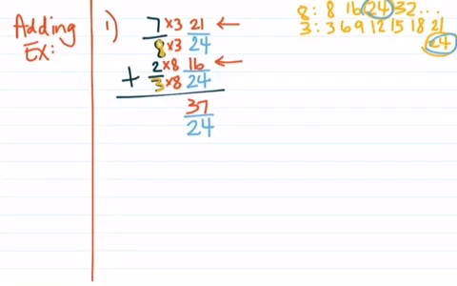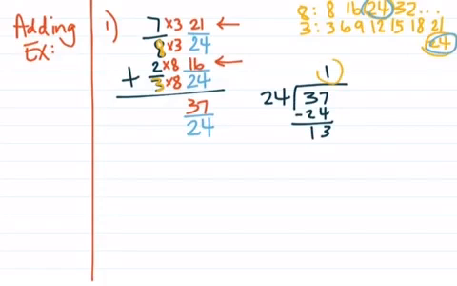Since this is an improper fraction, I am going to take that numerator and divide it by the denominator, and change it to a mixed number. 24 goes into 37 one time. I subtract, I get 13 left over.